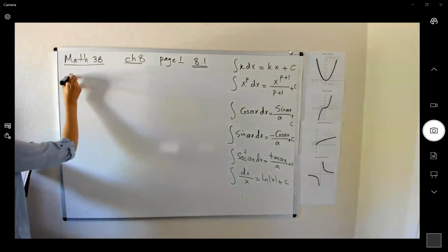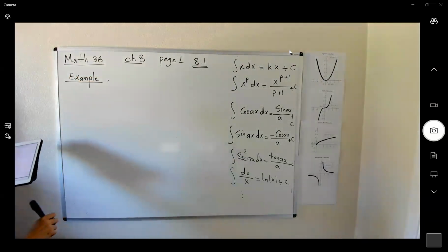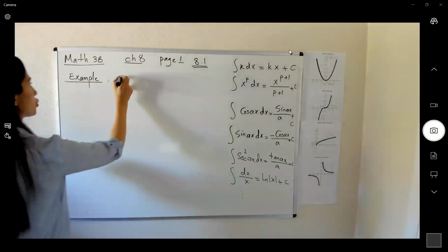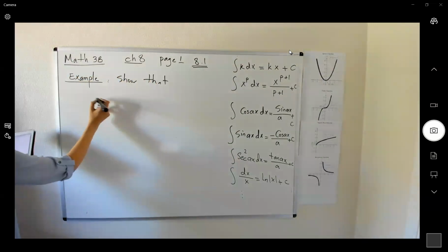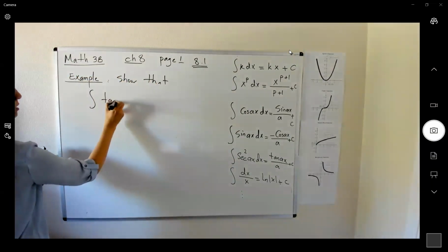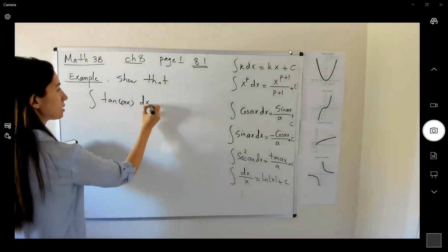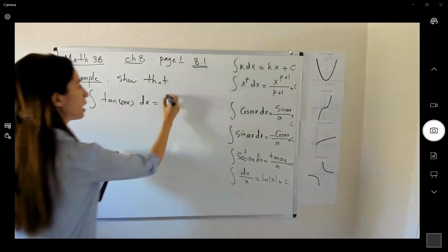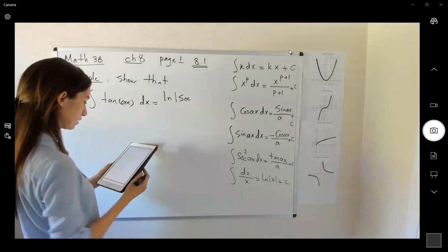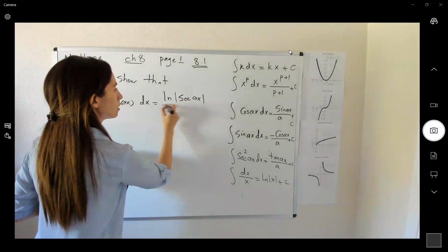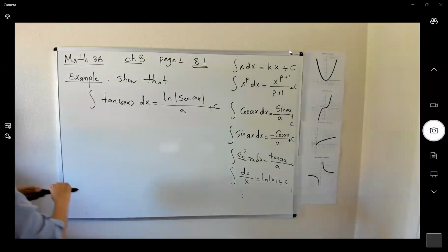For example, suppose the question says, show that the integral of tangent ax dx is equal to ln of absolute value of secant ax over a plus constant of integration.